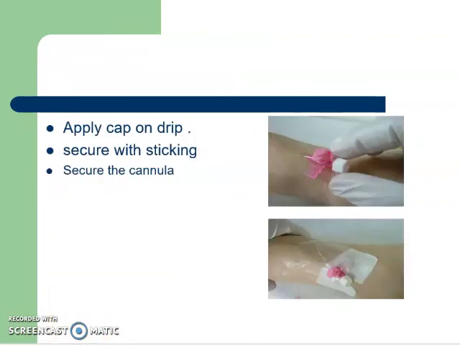Either you can attach the flush syringe and flush there and then remove the syringe, hold the vein, and cap it, or you can cap it, and if there is another port for injection, like here, in some cannulas it is there, but in some it is not there. So if there is a port, you can block this with a cap, and then afterward fixing the hub of the cannula, you can inject the flush from here.